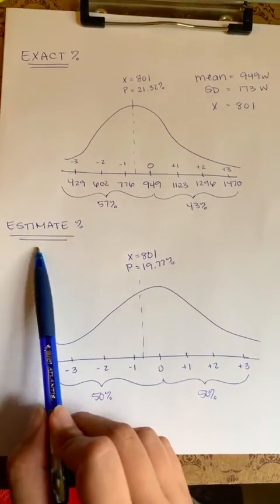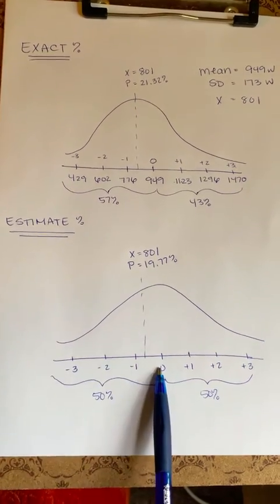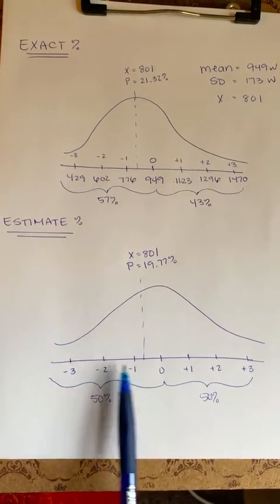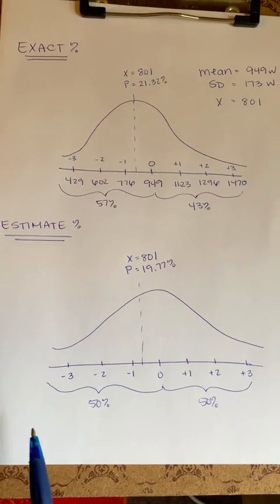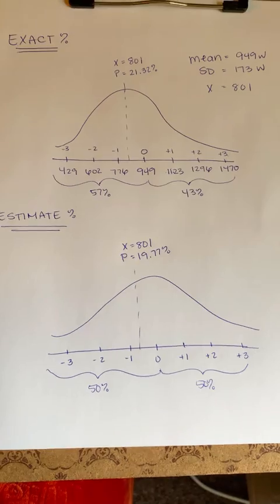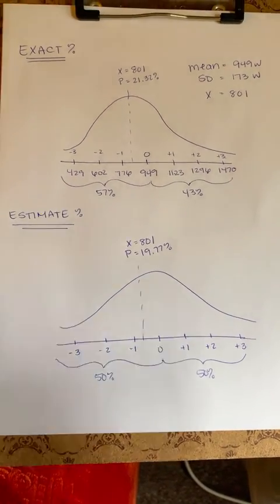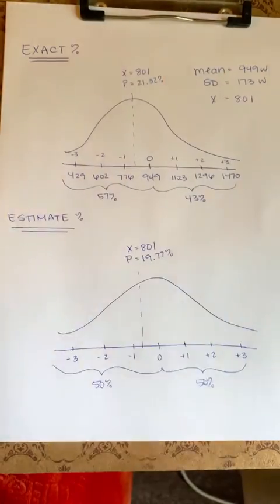Versus in an estimated percentile, we have to assume we have a normal distribution in order to use that z-table. So hopefully that helps make sense out of things and emphasizes the big difference of when you use this one versus when you use this one.